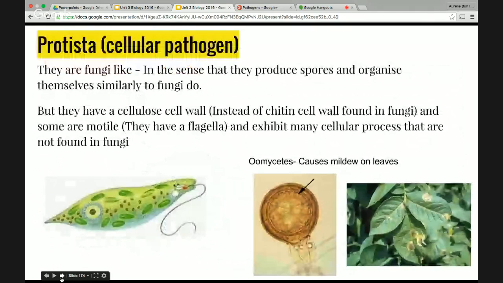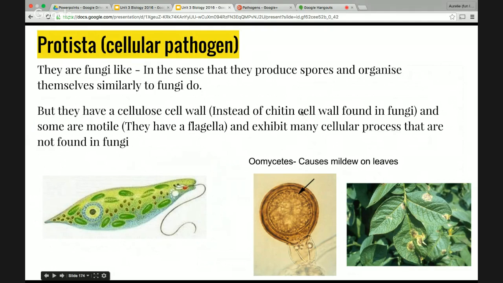The next one is Protista. Now with Protista, it's another cellular pathogen. That's what they look like. They are sort of halfway between a plant and a fungi. They are very similar to fungi in the sense that they produce spores and they organize themselves similarly to the way fungi do. However, they have a cellulose cell wall, which is what plants have, instead of a chitin cell wall.